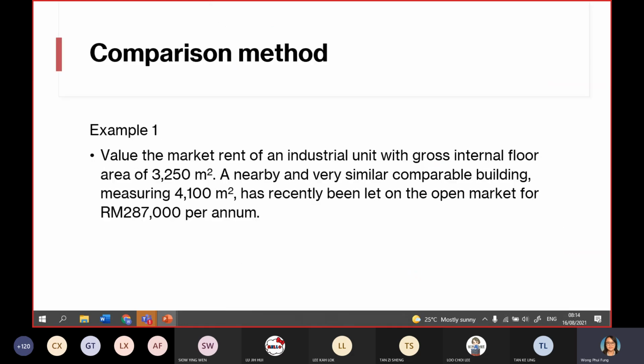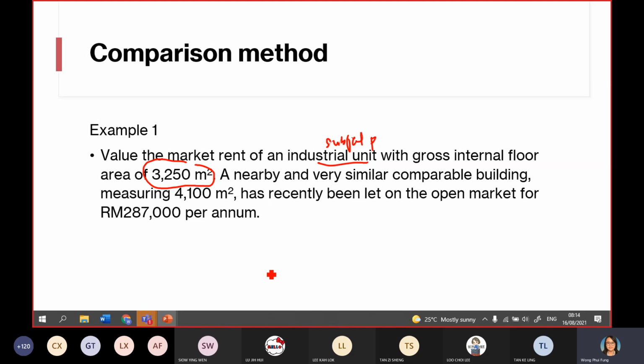Okay. So say for example, value the market rent of an industrial unit with the area 3,250. So this is your subject property.